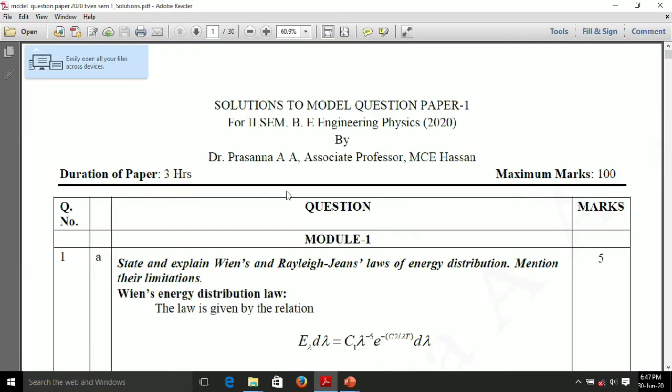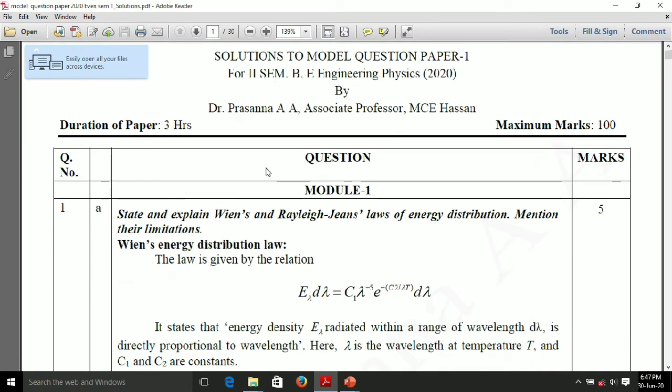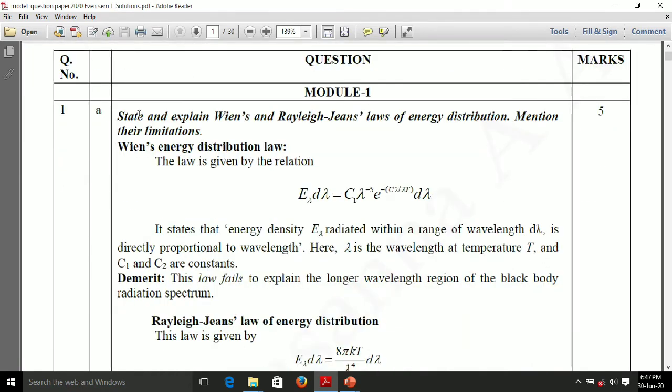Right. Let us come back to the solutions or the answers to the questions. Question number 1, I have already mentioned, is about the Wien's and Rayleigh's laws of energy distribution of module number 1. Since we need only a statement and brief explanation and it is for 5 marks, your answer should be precise.